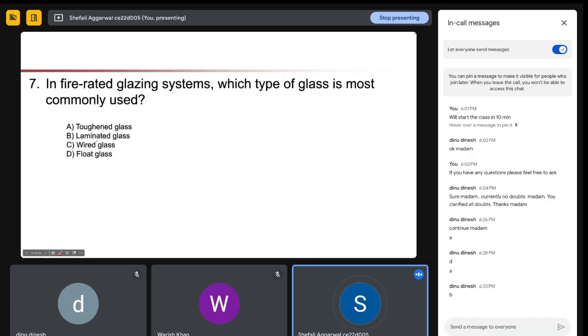Okay, in fire rated glazing system, which type of glass is most commonly used? Teflon glass, laminated glass, wired glass, or float glass? So I have already discussed which type of glass we are using in fire rated systems.